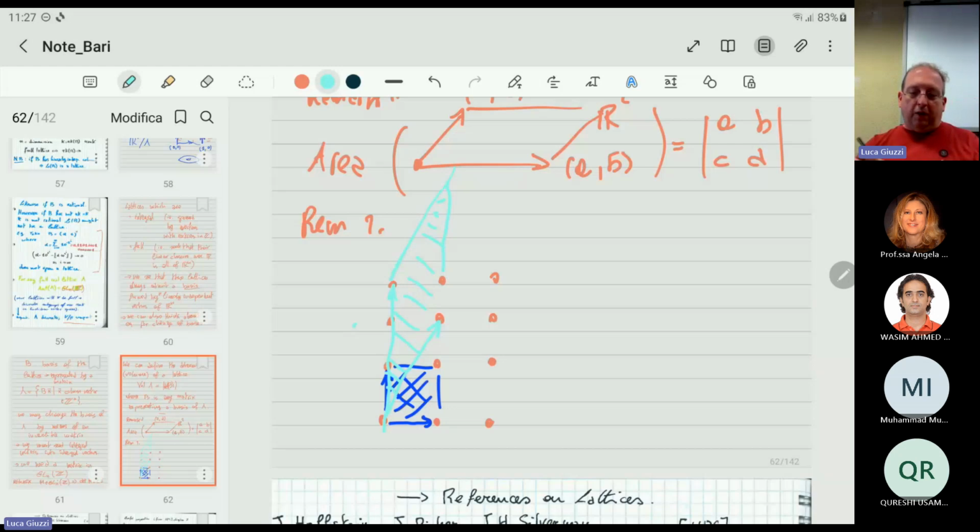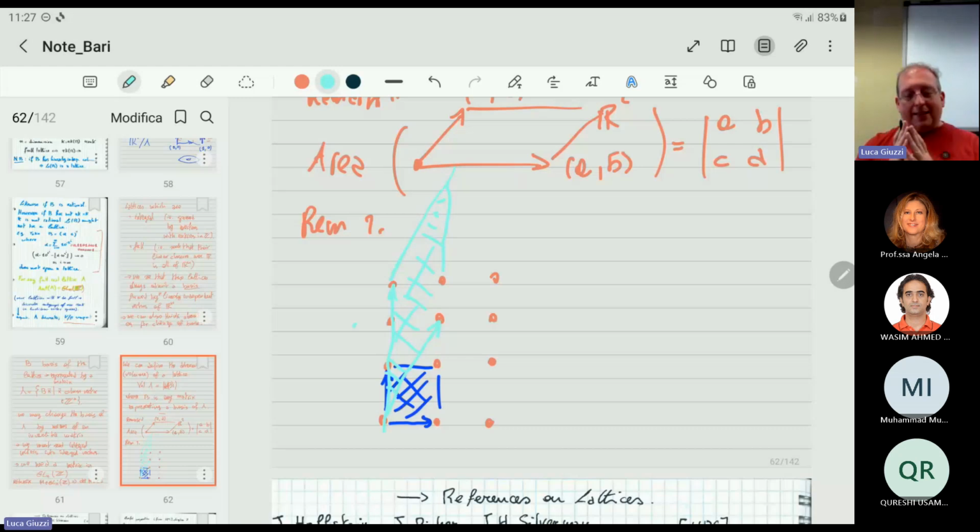And what the remark I made before means is that the area of the dark blue square is the same as the area of the light blue parallelogram.